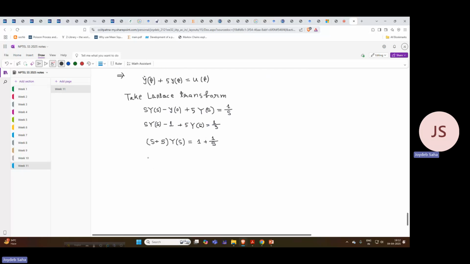Okay, so let us write the next step is s plus 5 ys is equal to s plus 1 upon s.